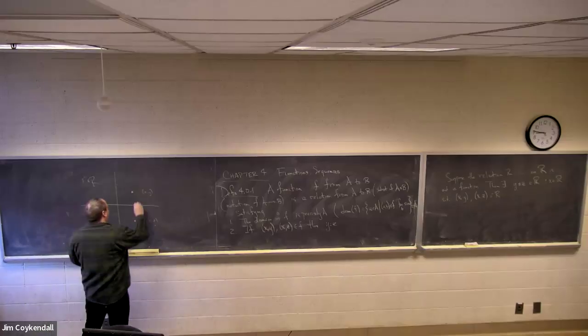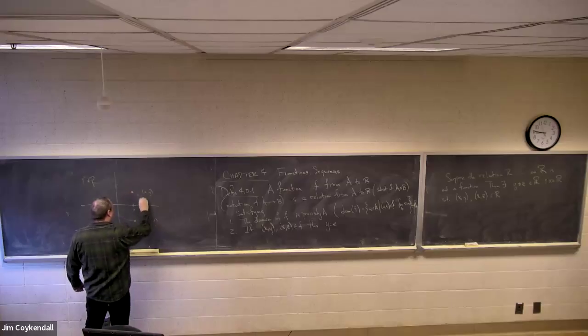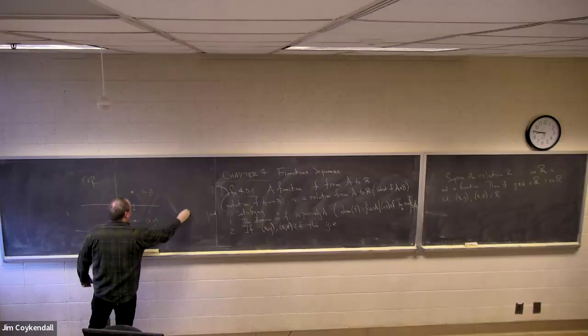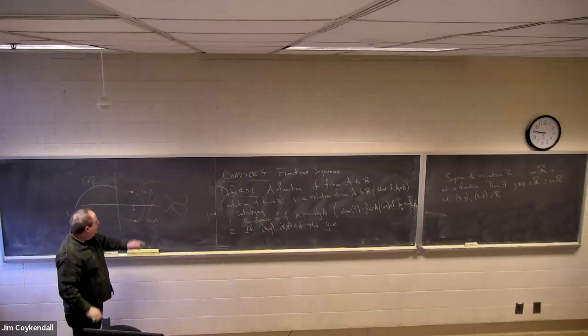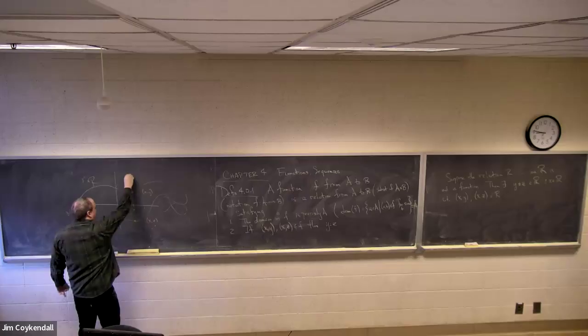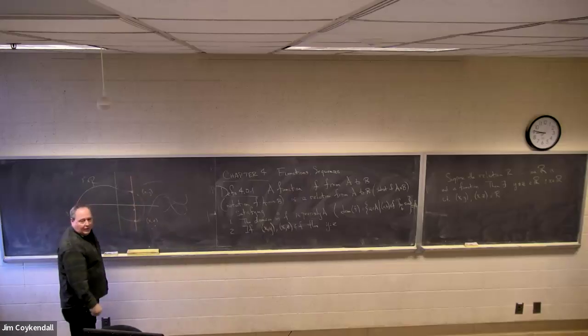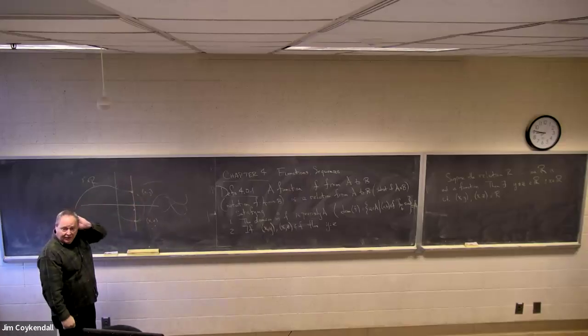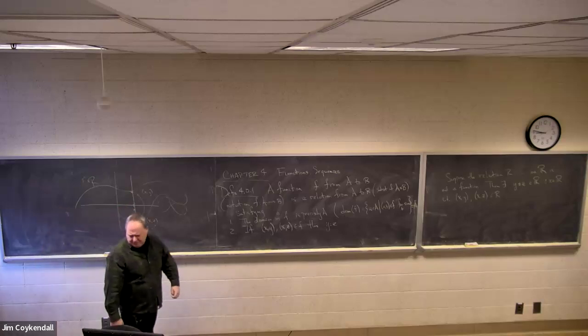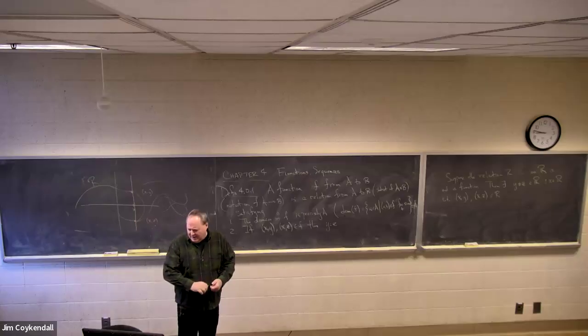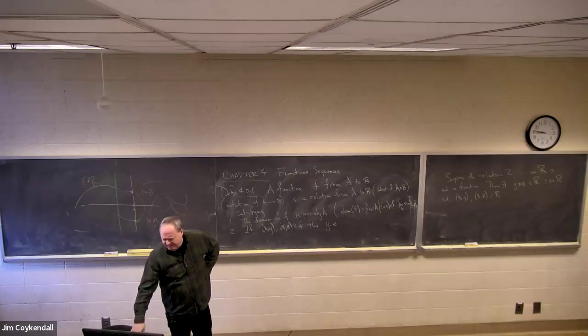So I don't care what the rest of this looks like. It could be a circle, or since this is a relation, I can do all kinds of things. It could be like that. But all I need is those two orange points, bang. I could draw a vertical line through that relation. And so if it's not a function, then you've got that vertical line violation. Okay, any questions on that?